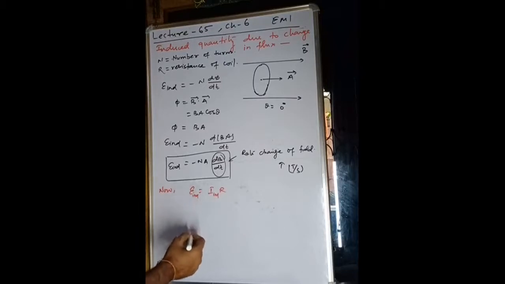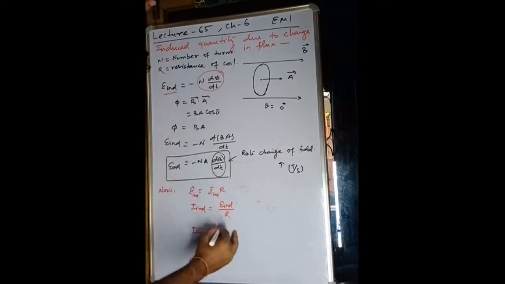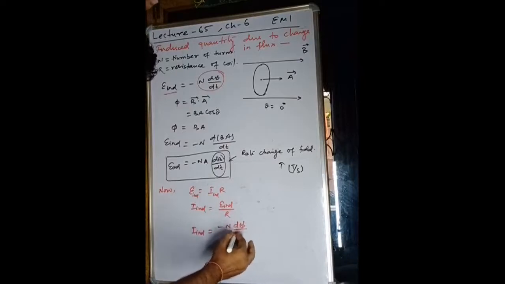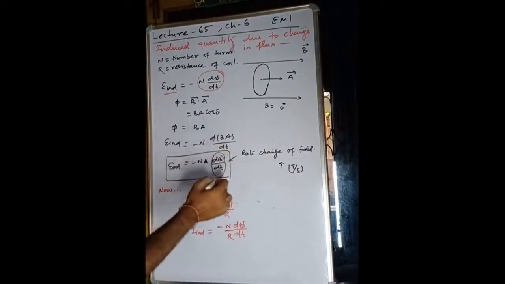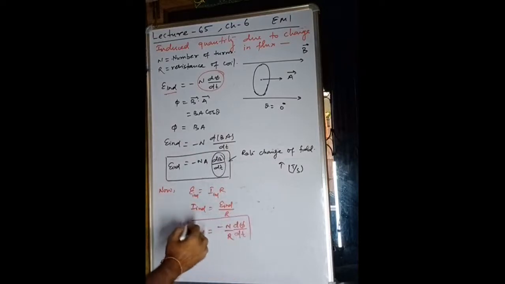Now we can write I induced is E induced over R. And for this E induced we can write minus N A dB by dt, or in terms of flux, minus N d phi by dt, divided by R. We can put this value to find the I induced.